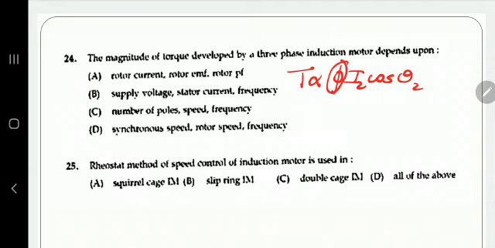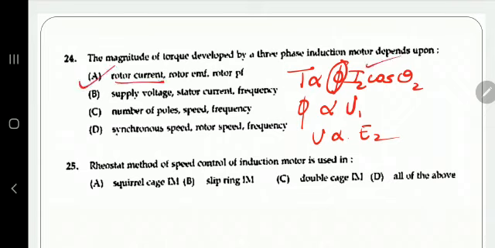This flux is proportional to the stator voltage, and the stator voltage is proportional to the rotor EMF. So the answer for this question is option A: rotor current, rotor power factor, and the third one is the rotor EMF.